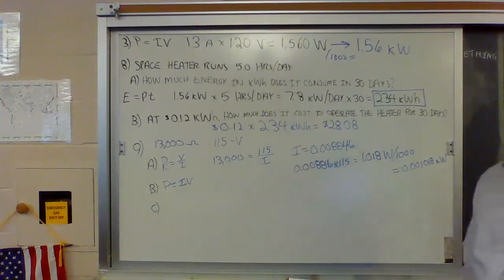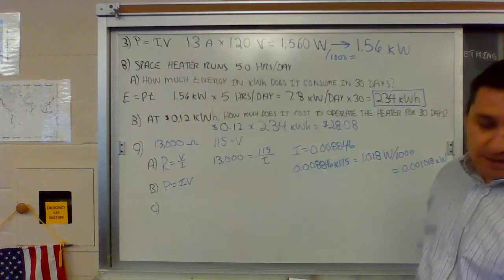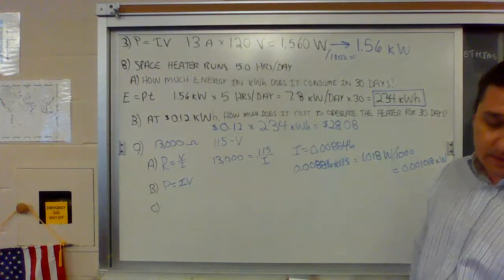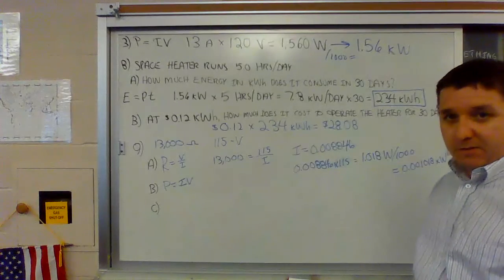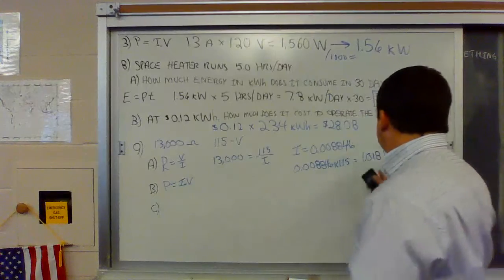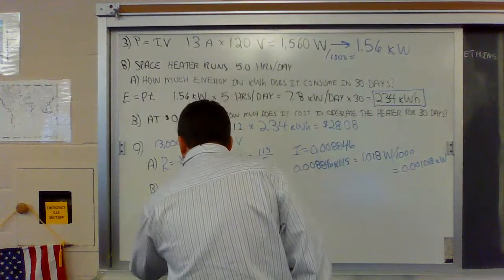0.001018 kilowatts. Then for part C, to kind of finish this off, it asks you at 12 cents per kilowatt hour, how much does it cost to operate the clock continuously for 30 days? So there's no power interruptions, nothing like that. We're going to take this answer here in kilowatts because the units are in kilowatts.